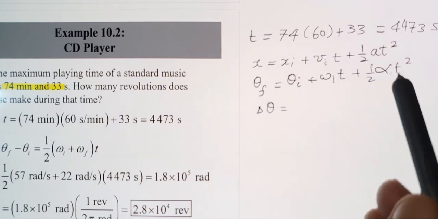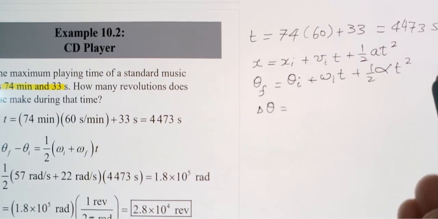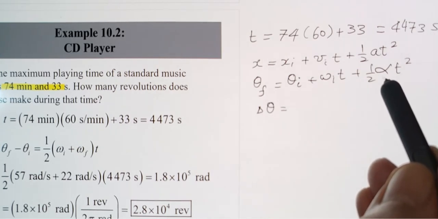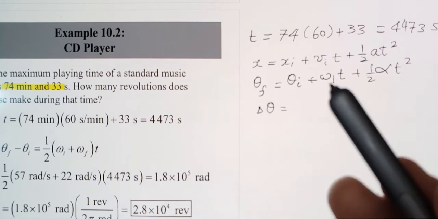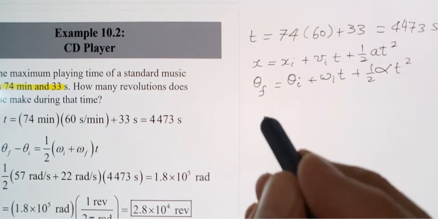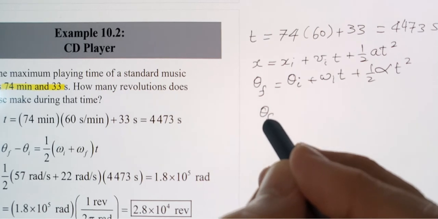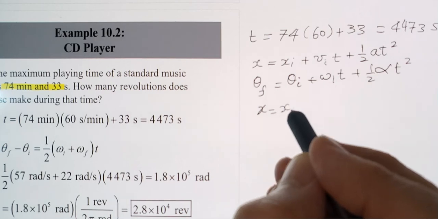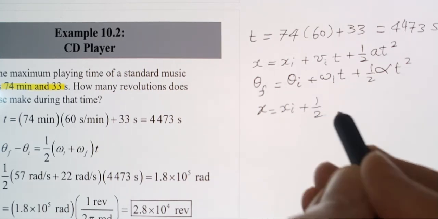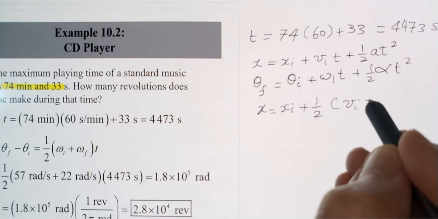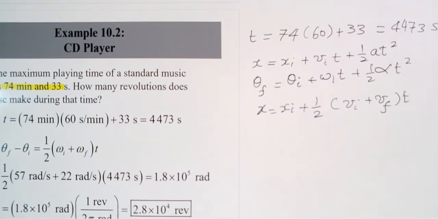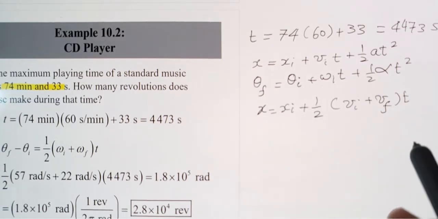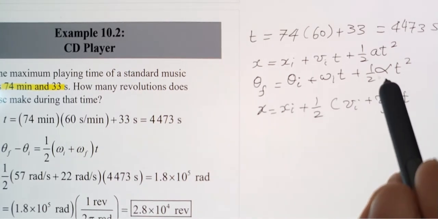Well, here we don't know alpha, so let's use another law, because we are going to calculate alpha. We don't know alpha yet. So which one do we use? Well, we can use this one: x is equal x node plus half v initial plus v final multiplied by time, because we know omega initial, we know omega final, and we know the time.